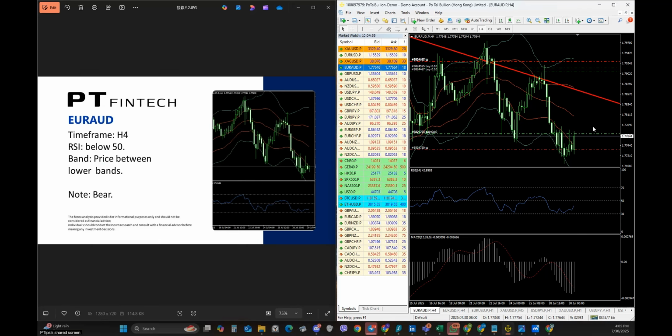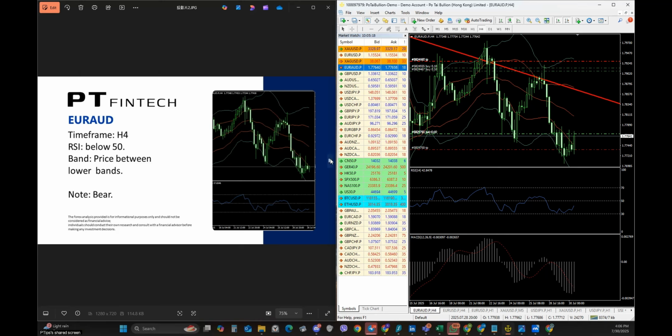It is still below the middle band, which is good. It basically means it is still more bearish overall. The MACD also confirms more bearishness, although it seems to be a little more consolidating. But overall, there still seems to be more selling pressure.